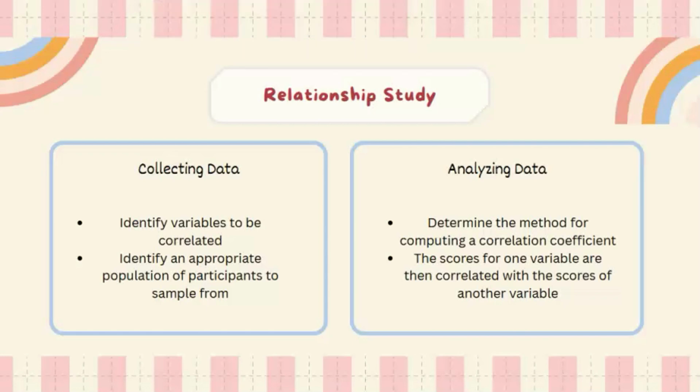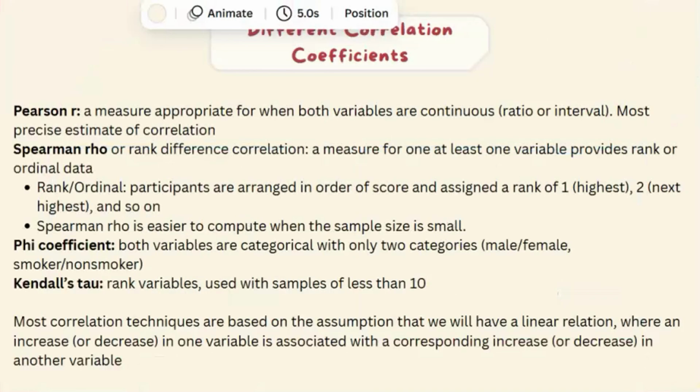So then we looked at two different types of studies, either a relationship study or, later, a prediction study. For a relationship study, we're collecting data, identifying variables, and looking at an appropriate population to sample from. When analyzing this data, we're determining a method for computing the correlation coefficient, because we can see that there are quite a few different ones.